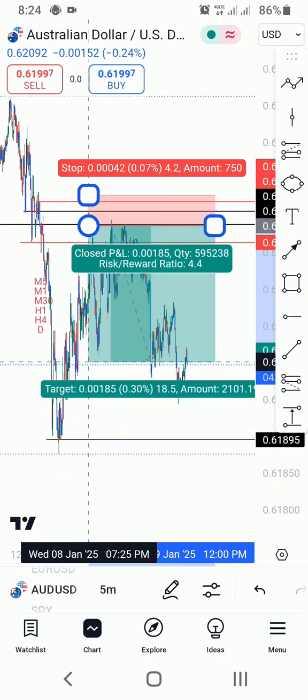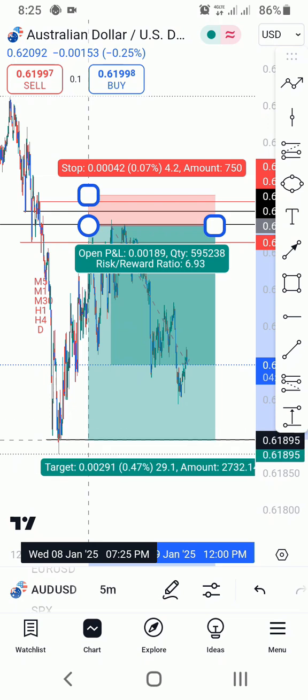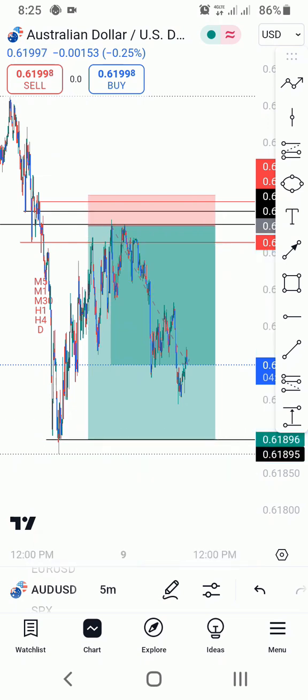Let us see, risk to reward already 4. First stop loss above, 4 pips above of the stop loss, and 18 pips below of the TP. Even you can get out of here if this is enough for you, but me, I would wait for here. Yeah, to eat along.